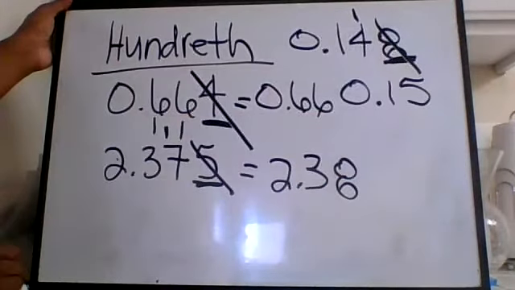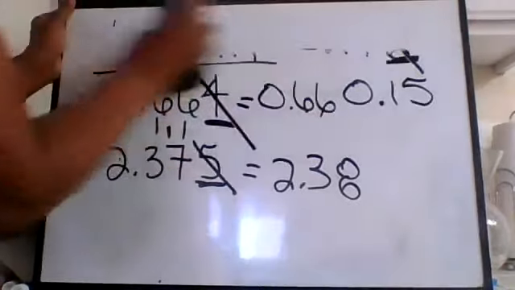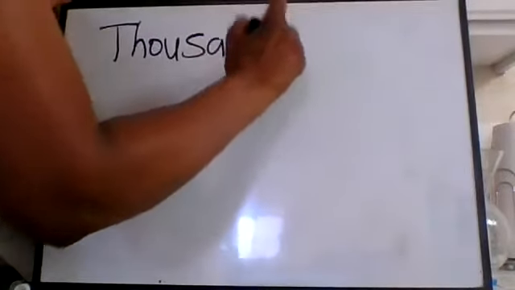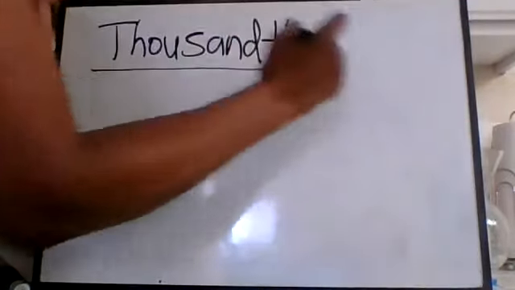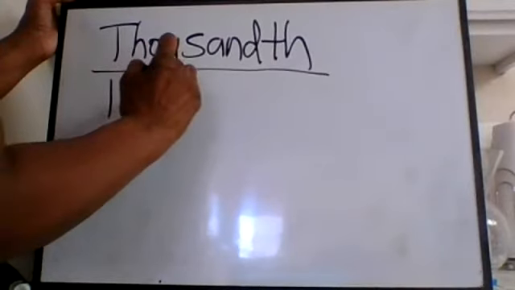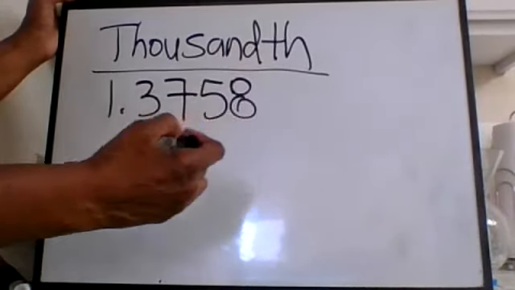Pretty easy. Okay. So now we are going to round to the nearest thousandth. Let's try 1.3758.